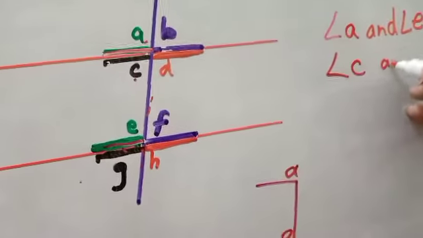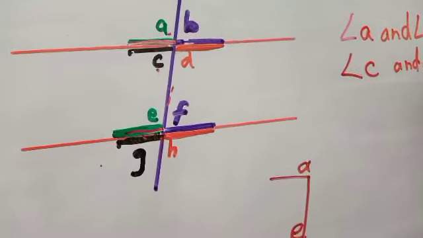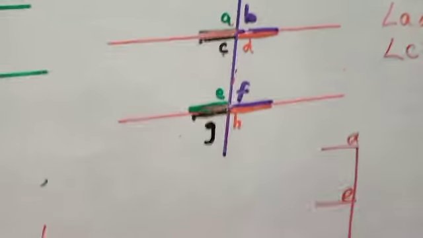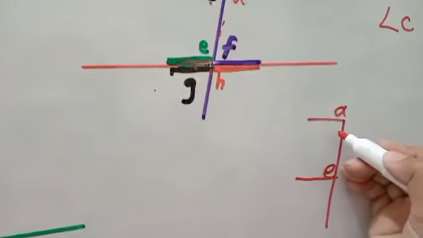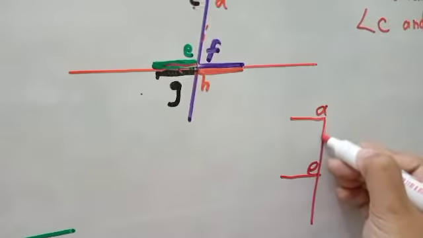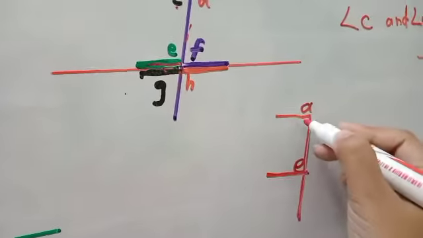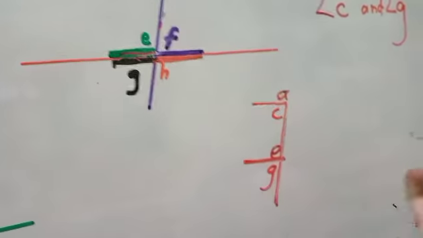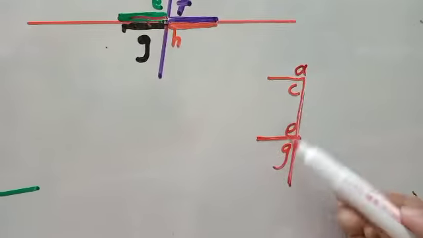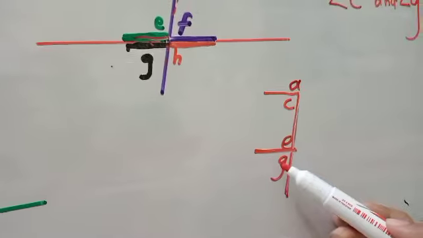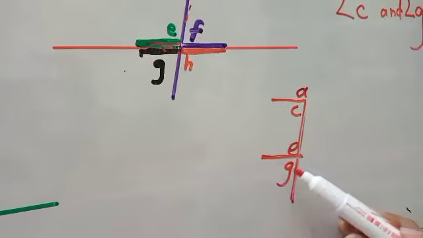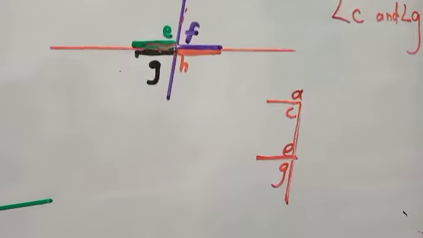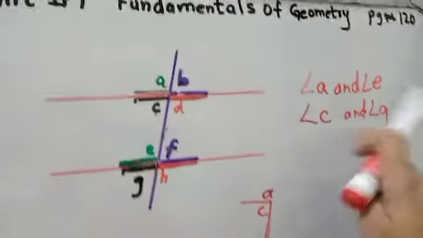Angle C and angle G. This is also making an F shape. This and this. So C and G. One is interior, the other one is exterior. Okay, so these are also a pair of corresponding angles and they are equal.